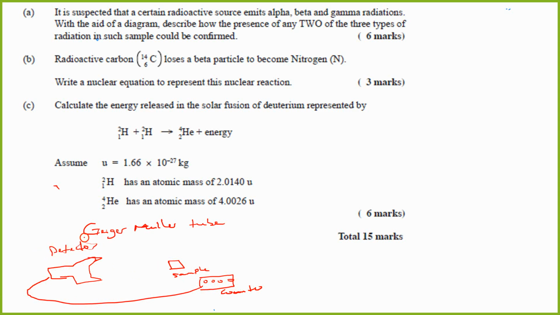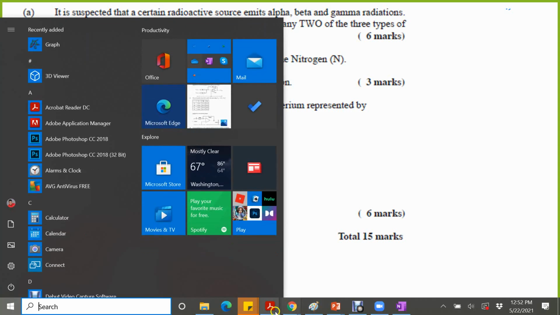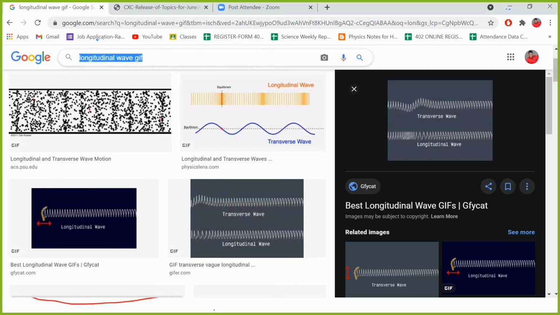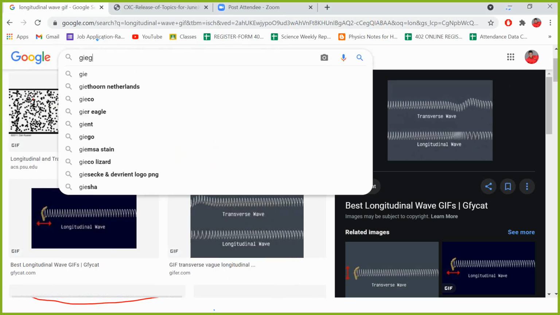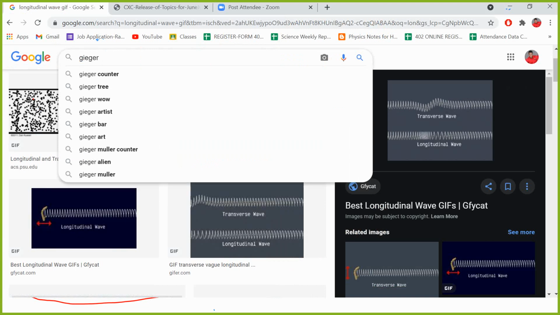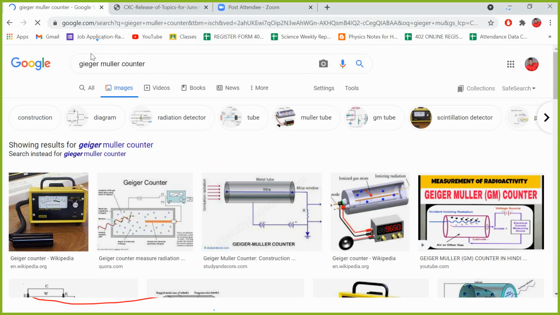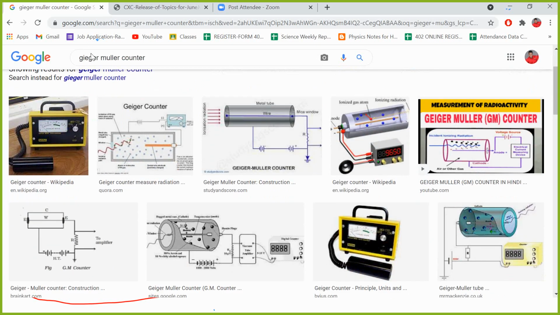I think there are better diagrams. I'm going to see if I can just show you on the internet what it looks like, because I don't think I'm drawing that perfectly, right? So what I'm going to show you here would be almost like a setup.